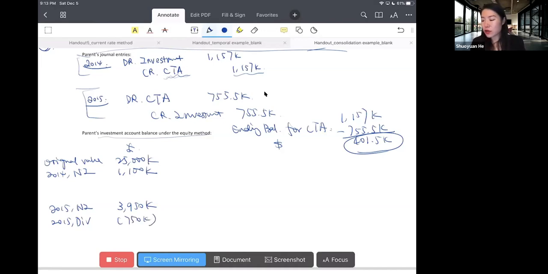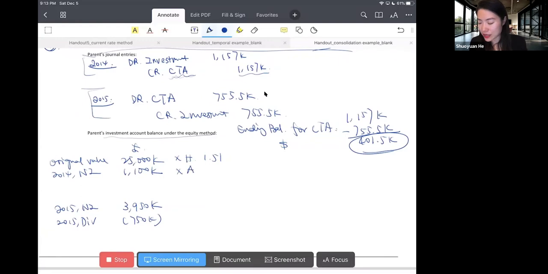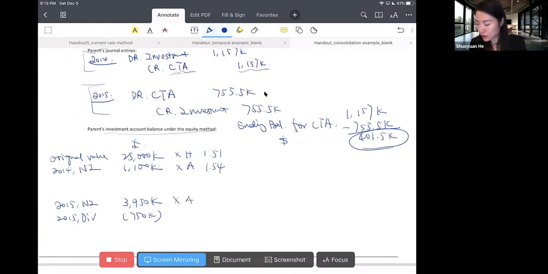So the original value is translated using the historic rate, which is 1.51. Net income is translated using the average rate, 1.54. And then dividend is translated using the historic rate, 1.58.